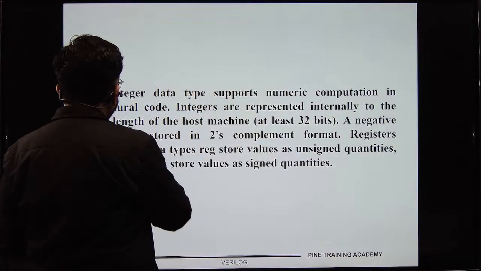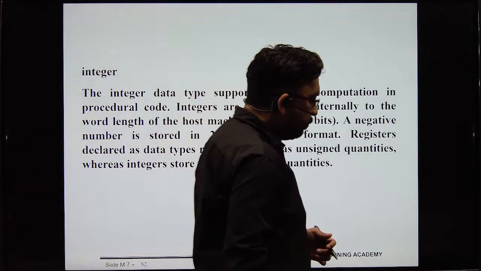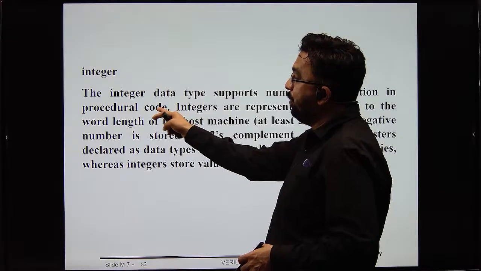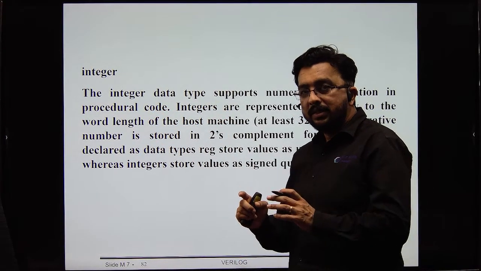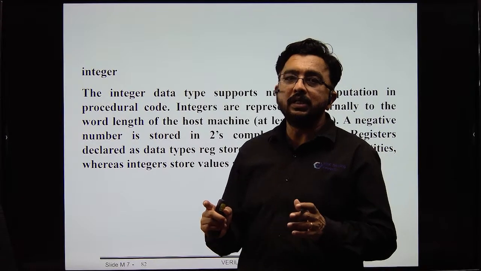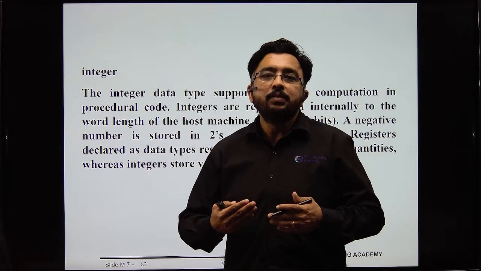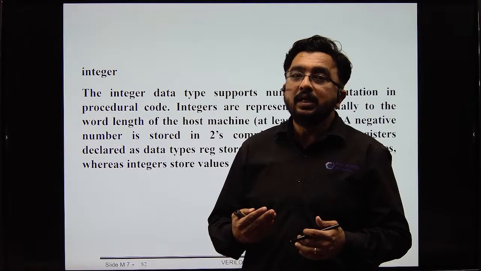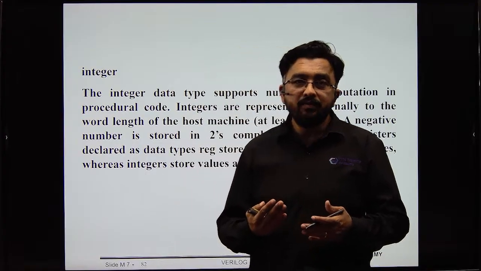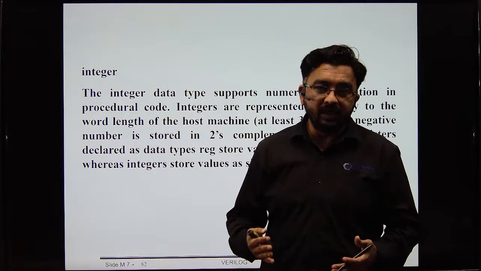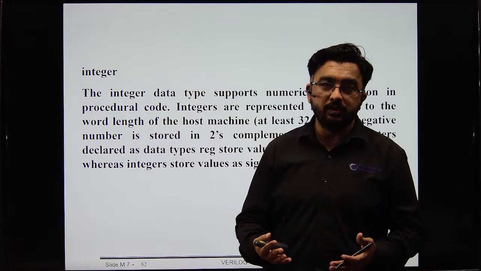In procedural code, procedural code means behavior modeling. So integer is a storage data type which stores some value. Here the integer is a numeric value which performs some calculation and is a part of the behavior modeling, the procedural code.